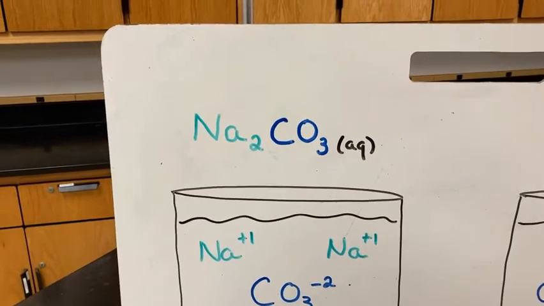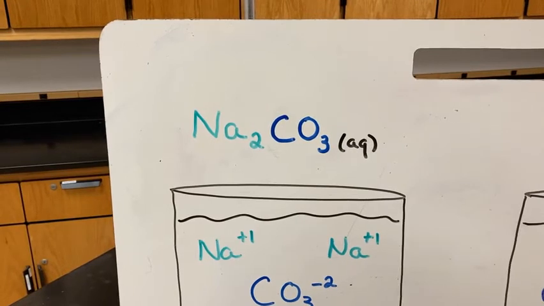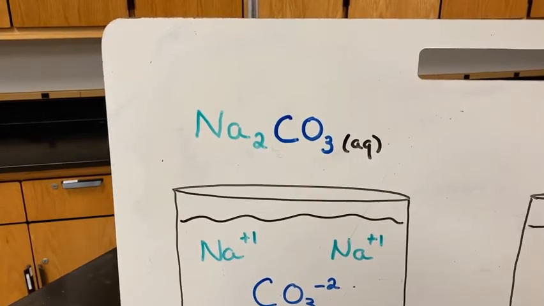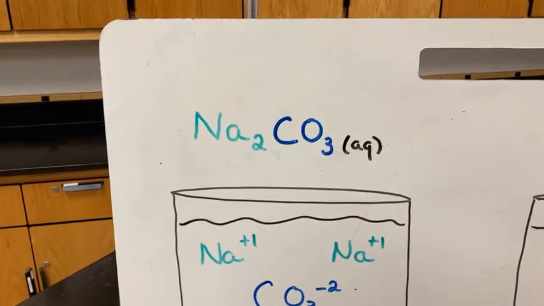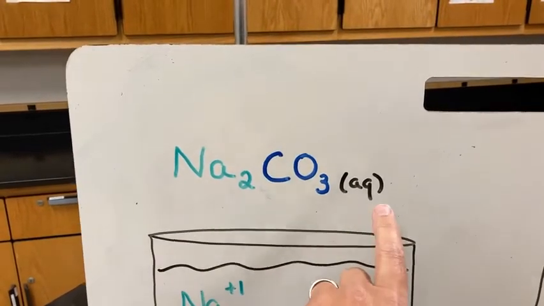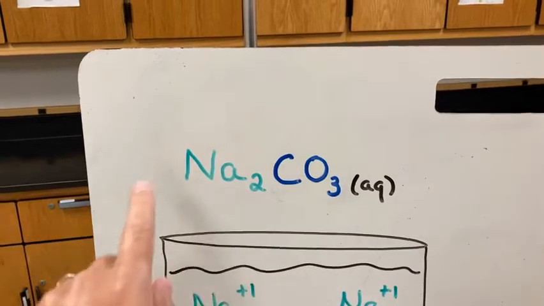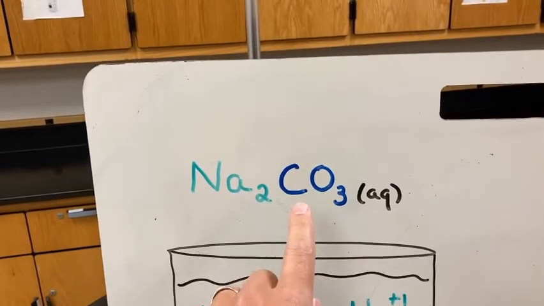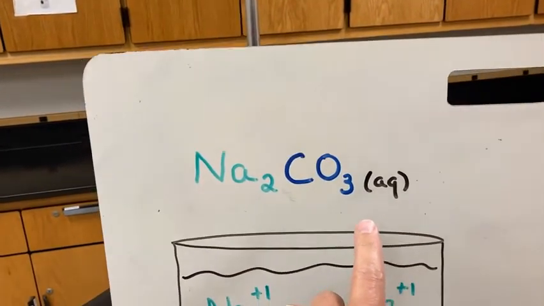So what you see here is a model of that sodium carbonate solution, of unknown concentration. The AQ that follows the formula means that the solid salt has been dissolved in water. So what does that mean?